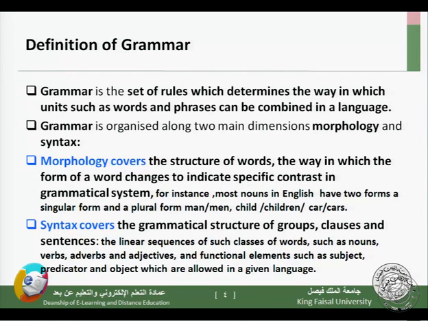You understand? So you need to know all these terms. Don't memorize. You need to understand what we mean by grammatical structure of groups, of clauses, of sentence. You need to know what we mean by a sentence. You need to know what we mean by a clause.